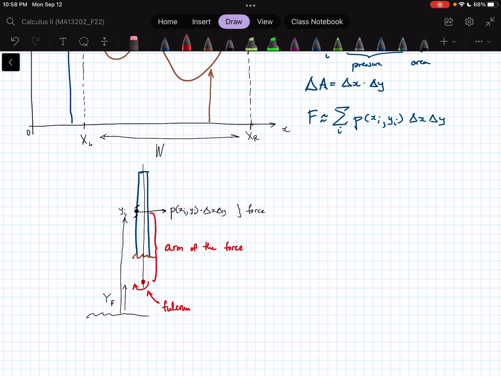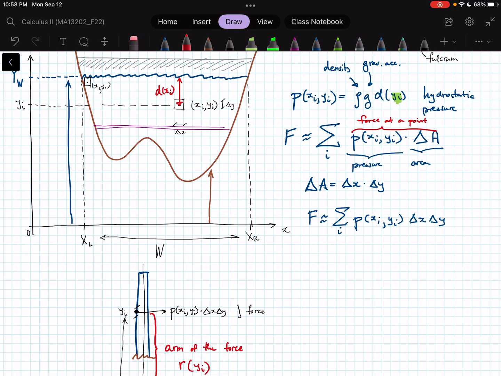And we're going to denote it here as R. Now, as you can tell, R is again going to be a function of yi, but not of the xi in our case, and I will explain why soon.